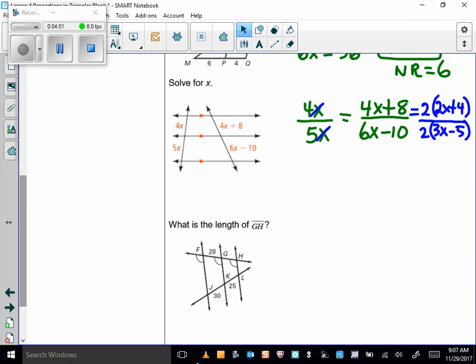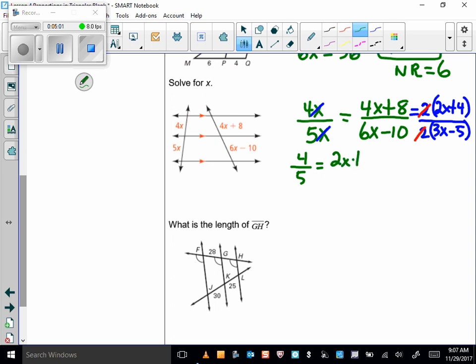And the reason I'm doing that is because that'll let me make the numbers a little bit smaller. So now what my proportion says is that 4 over 5 equals 2x plus 4 over 3x minus 5. And I could simplify that numerator on the right a little bit more, but I don't think it's going to help things all that much. So we're just going to cross multiply now.